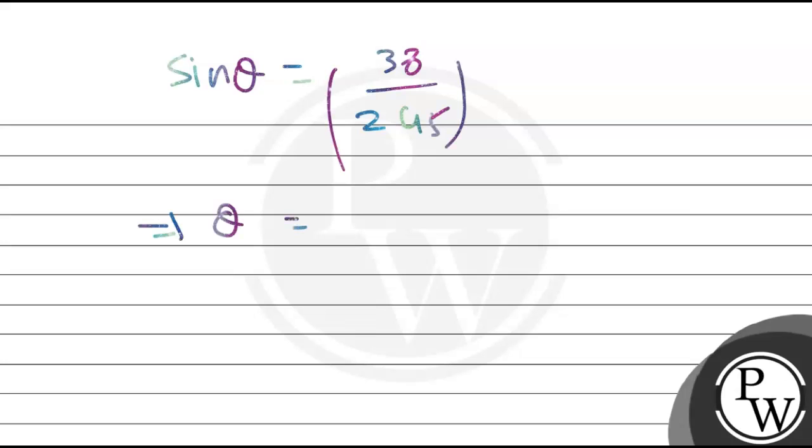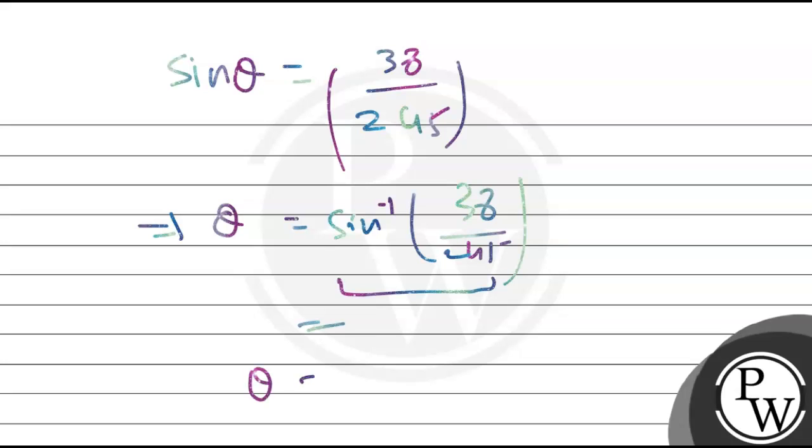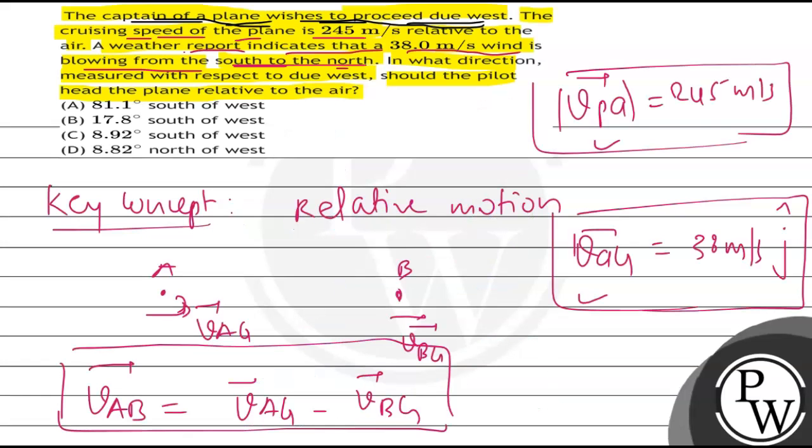So from here theta is equal to sine inverse 38 upon 245. This value of theta is equal to 8.92 degree. This is our answer. So here option C is correct, that is south of west.